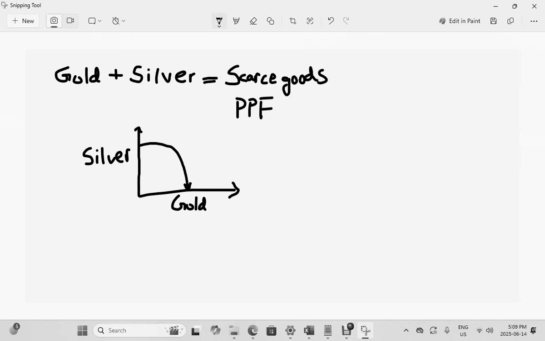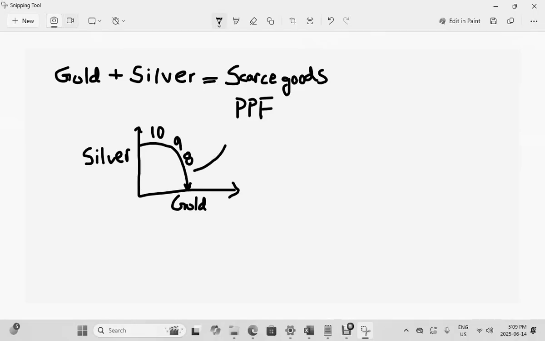Say, for example, you have 10 units to allocate to silver. As you move down the production possibility frontier chart, you will have fewer and fewer units. Over here you might have nine, over here you might have eight. This is for silver. As you allocate fewer units towards silver, you're bumping up your units for gold.